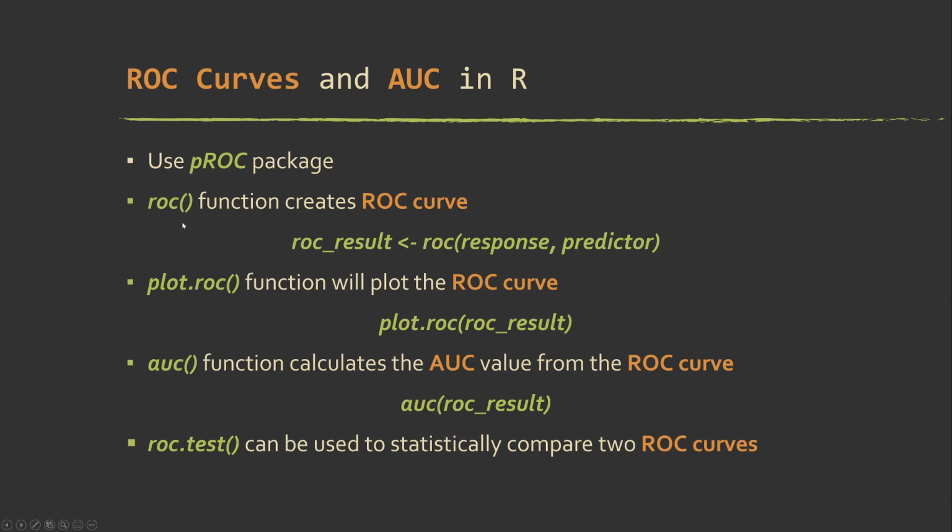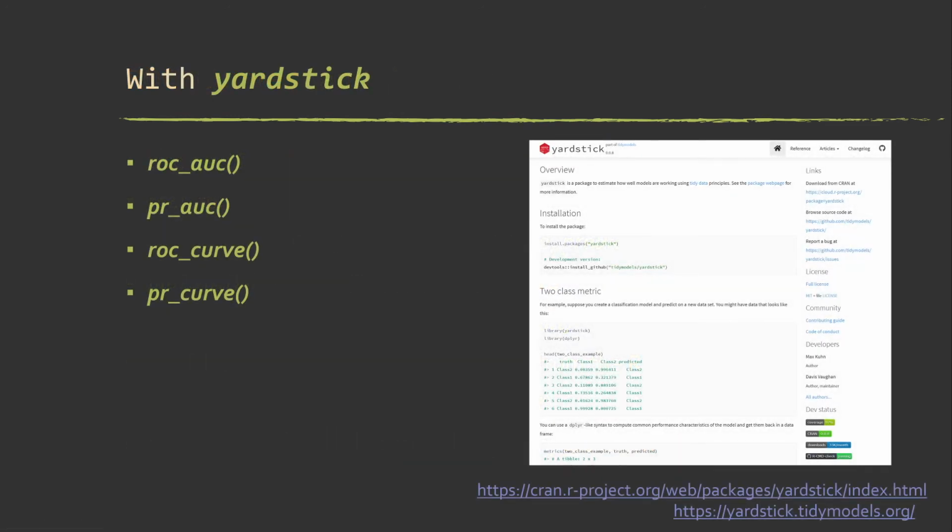You just feed it the result from the roc function. auc calculates the area under the curve, and you feed it the results from the roc function. And there's also a statistical test available to compare ROC curves statistically. You can also produce these curves, both PR and ROC, and the associated area under the curve metrics using the yardstick package, again, which is part of the tidyverse.